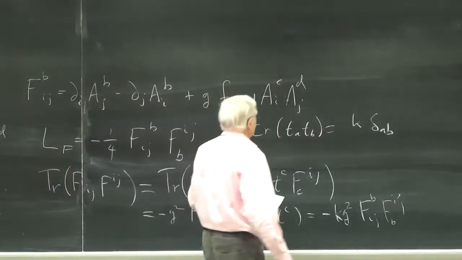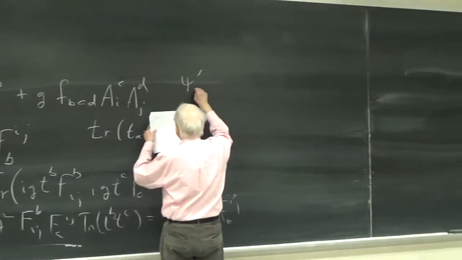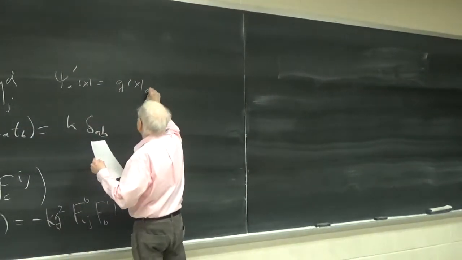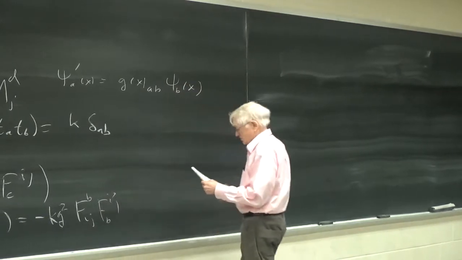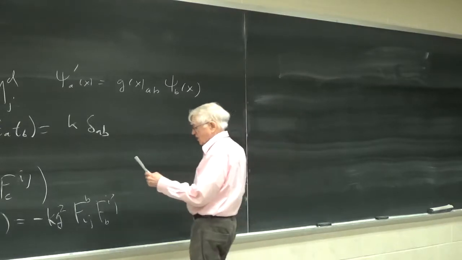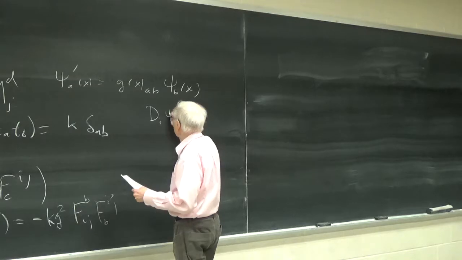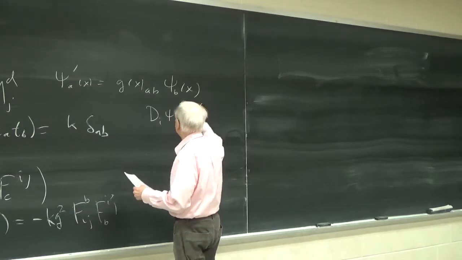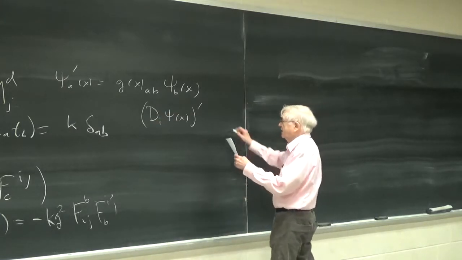Just to remind you of what's going on here, we have psi prime A of x is G of x, AB psi B of x. This is how gauge fields transform under a non-abelian gauge transformation. And what we want is for the covariant derivative to transform correctly.